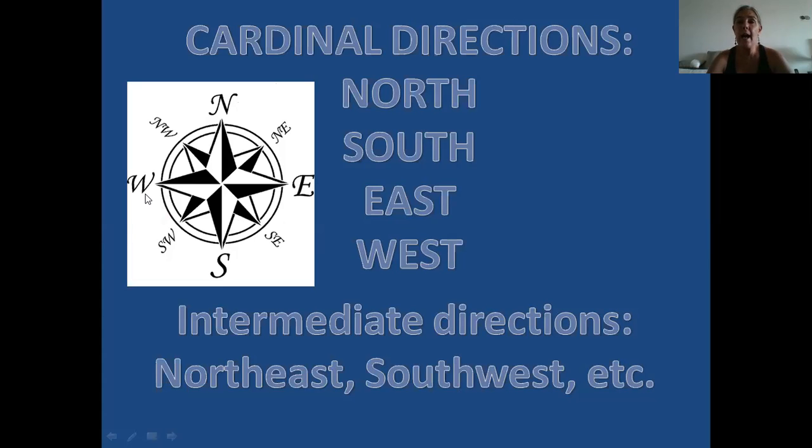And we also have the intermediate directions, which would be, for example, over here, northeast, over here, southeast, southwest, and northwest. On every map that we study, you are always going to find a compass rose in one corner of the map to indicate the cardinal directions.